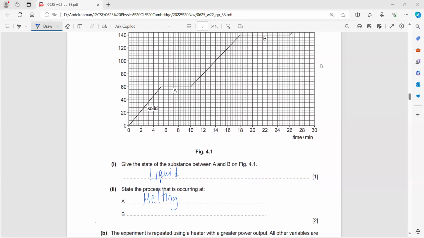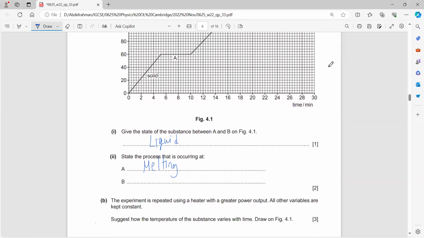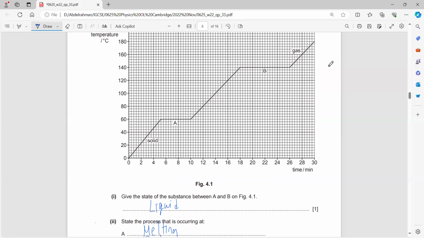Preferably, it would be better to write down boiling at this point. I'll tell you why. Why is it boiling and not evaporation? Evaporation could be right, but here you have to write down boiling. Why? Because here it's at a constant temperature. Notice it's at a constant what? Constant temperature.